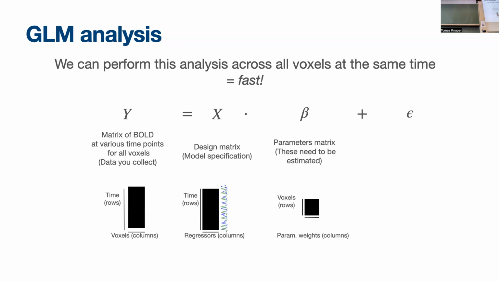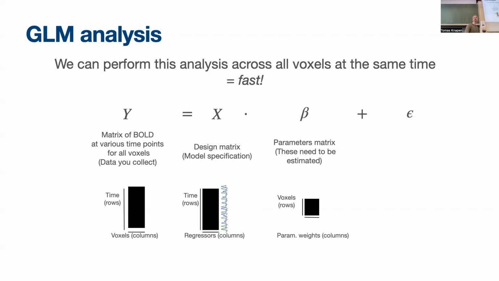You get a beta weight for every regressor, and you get a beta weight for every voxel, because you're running this analysis in parallel across all voxels. So the beta outcome matrix of this analysis, if we run it over the entire brain, is composed of voxels in one direction and parameter weights, beta weights, in the other direction.